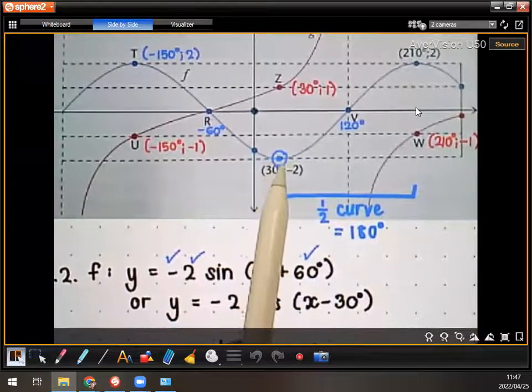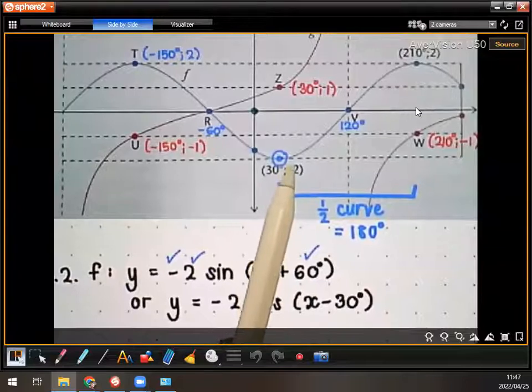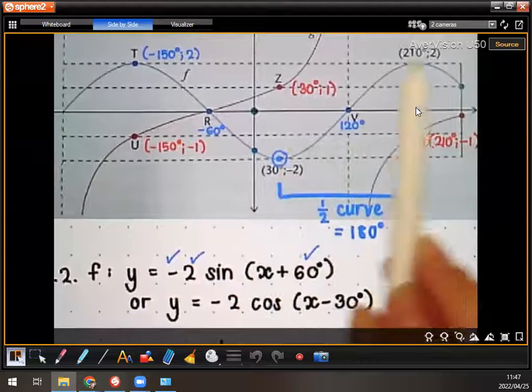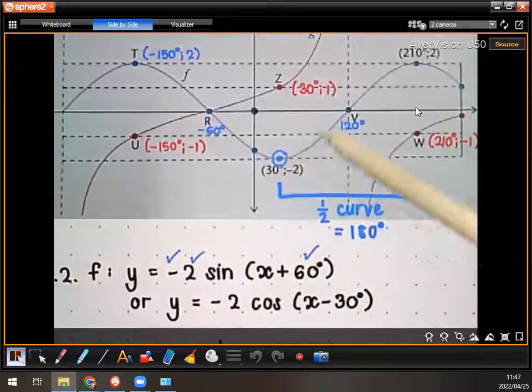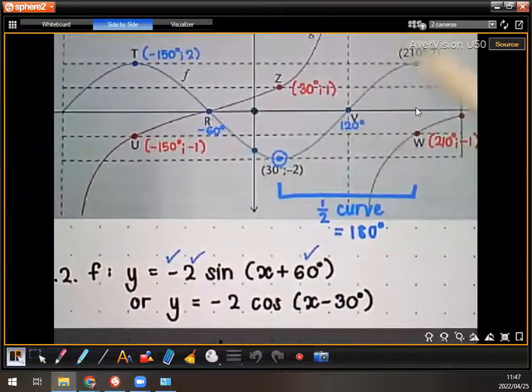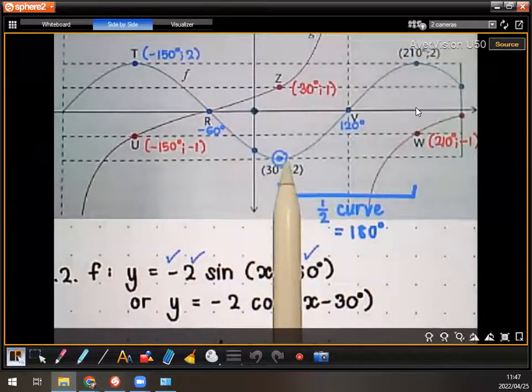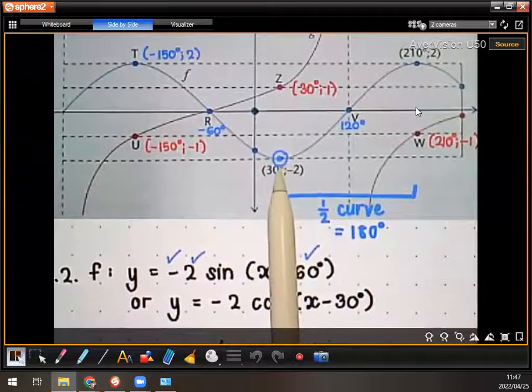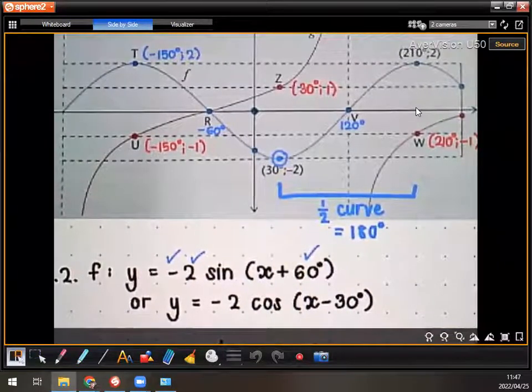This one is starting at the minimum value, or at the lowest point, which is why it would be negative. The amplitude is again 2 because it's going from negative 2 all the way up to positive 2. But now how many units did it shift? Instead of being at 0, it's at 30. So 30 to the right. So that's why it's minus 30. Then you could have used either one of these two formulas, and we'll go through them now.